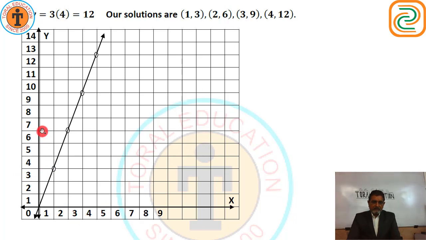Then 3, 9. This is 4, 12. So all the points are on the straight line, and this is our graph of the equation y equals 3x.